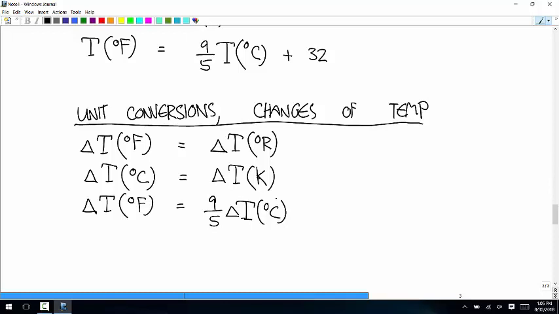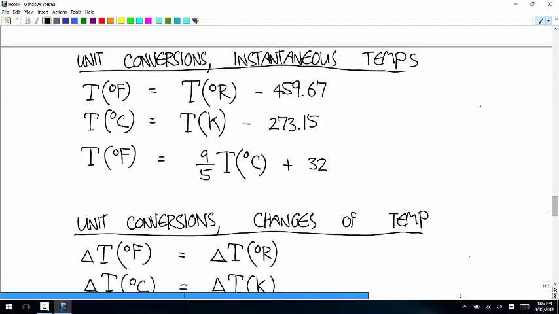It makes sense if you think about what would happen if you used those additive constants when you're talking about changes in temperature. If it's 0 degrees Celsius, it's 32 degrees Fahrenheit at an instant, right?